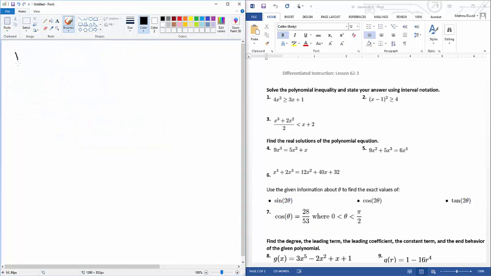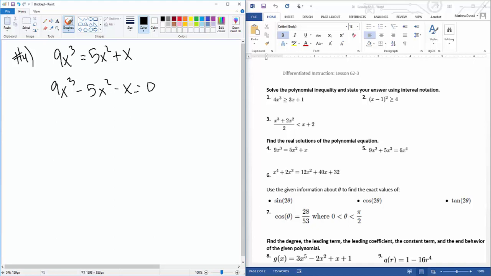On number 4, these polynomials are not equal to 0, so we have to spend time doing that. So this 9x cubed equals 5x squared plus x, I have to bring everything to one side. Now I can't do p's over q's, and the reason is because your p has to be factors of your constant.